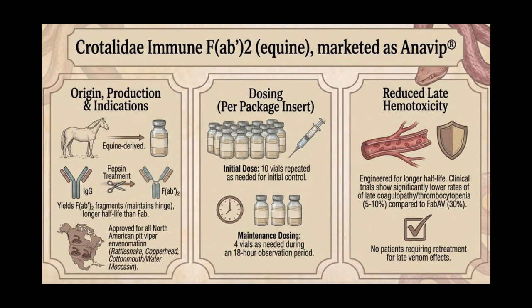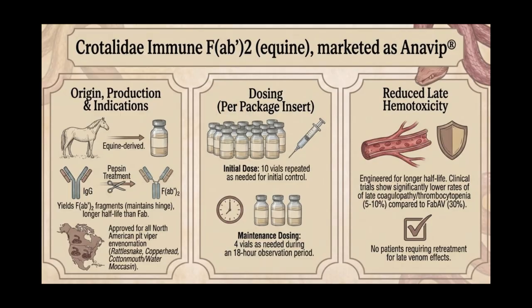Crotalidae Immune F(ab')2 equine, marketed under the name Anavip, is an antivenom derived from horses. It is produced by immunizing horses with venoms from 2 South American pit viper species, Bothrops asper, commonly known as fer-de-lance, and Crotalus durissus, known as the Central American rattlesnake.